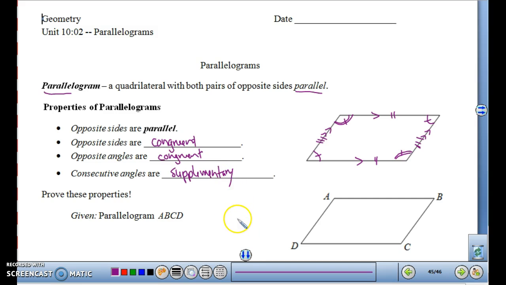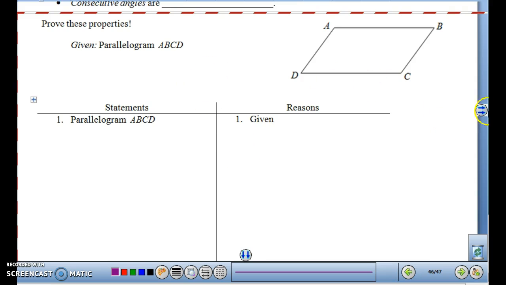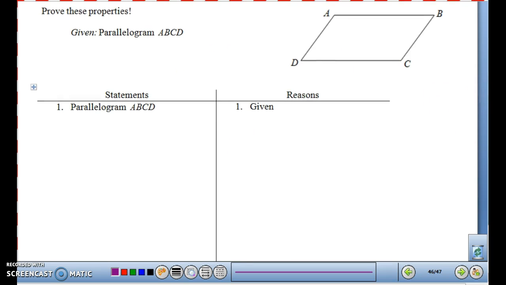Now, I didn't just randomly pick these properties out and say they're true. We're actually going to prove that these properties are true. All right, so the first thing that we know about a parallelogram, its definition says that both pairs of opposite sides are parallel. So if we are given parallelogram ABCD, we can automatically say that AB is parallel to CD. This side and this side are parallel.